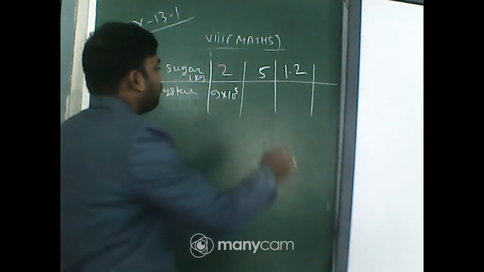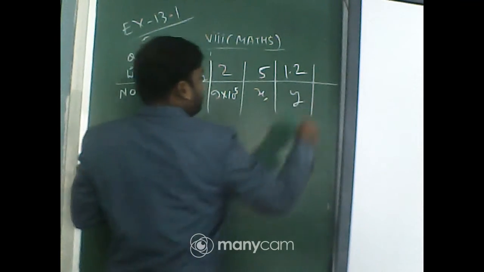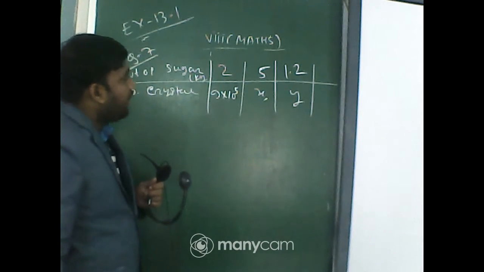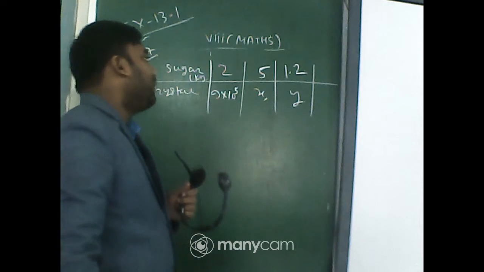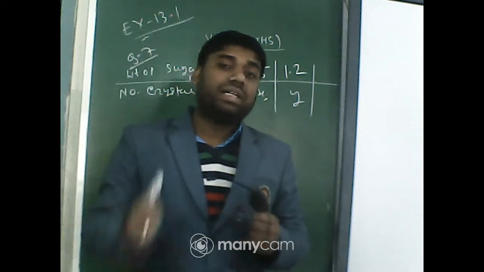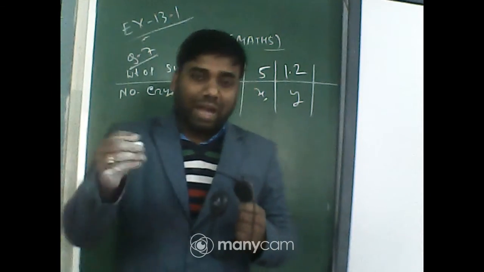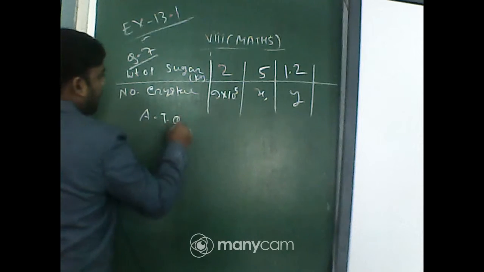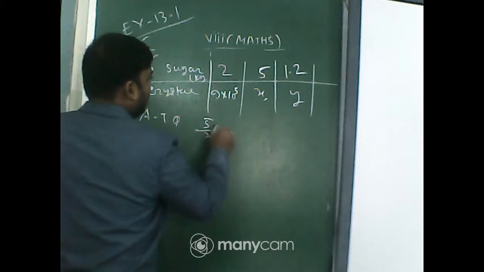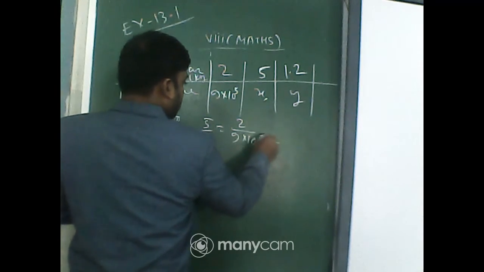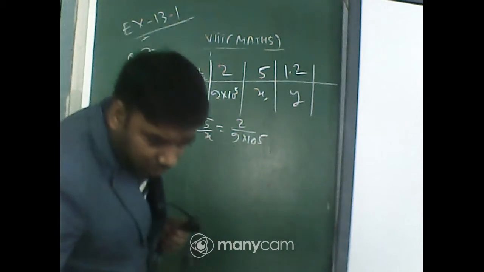I am taking the first one as x and the second one as y. So 2 by 9 into 10 to the power 5 equals 5 by x equals 1.2 by y. It must hold because these two variables are in direct proportion. So according to the question, you can write 5 by x equals 2 by 9 into 10 to the power 5.